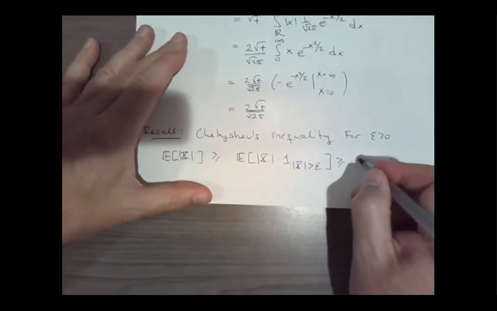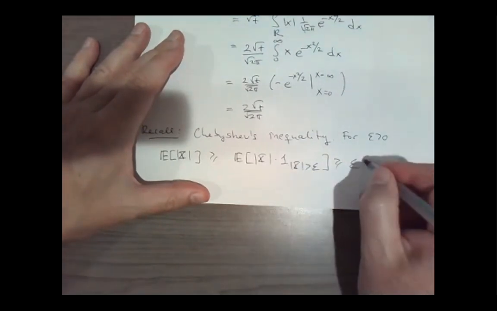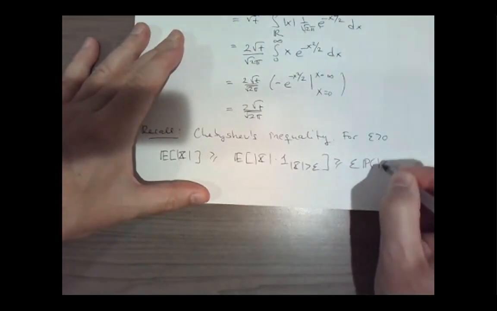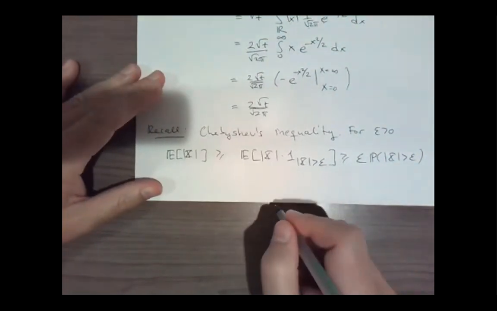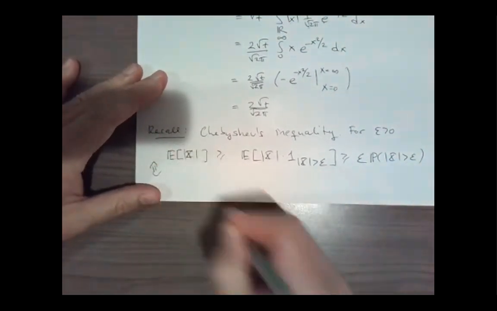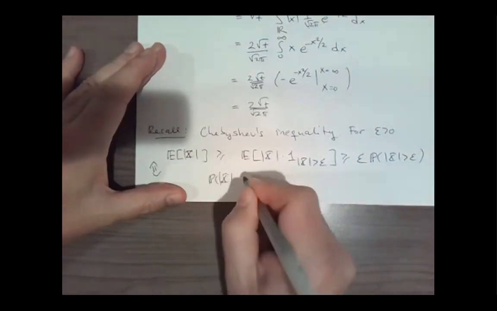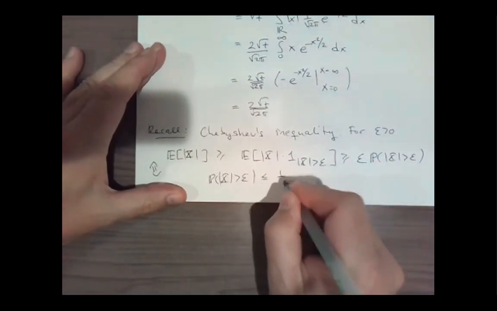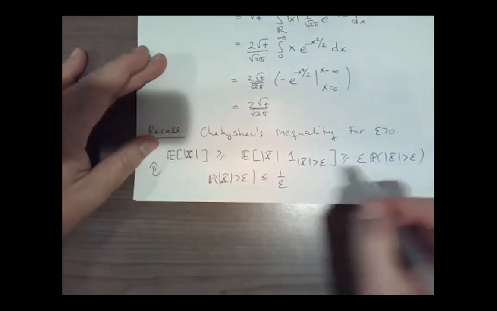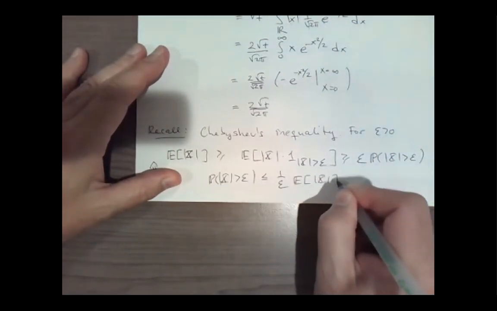So here we'll have an epsilon and then an expectation of an indicator. This is the same thing as the probability that the absolute value of x is bigger than epsilon. And so we get Chebyshev's inequality, which says that the probability that a random variable's absolute value is bigger than some number has an upper bound of 1 over epsilon times the expectation of the absolute value of x.